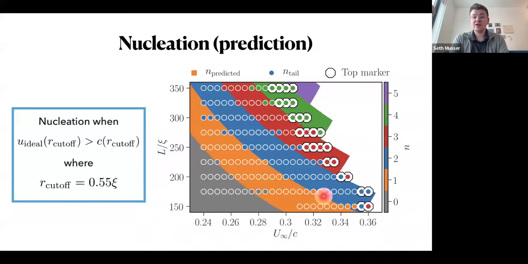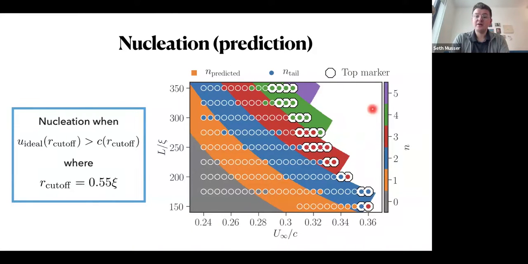This orange region here is where we predict that we'll need to nucleate 1 vortex from the tail in order to avoid the velocity at the tail being larger than the local speed of sound. You can see that in every one of these regions, we have pretty close agreement with the actual observed number of vortices we nucleate.